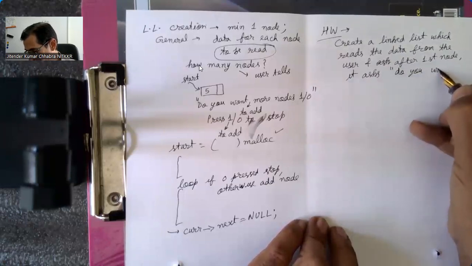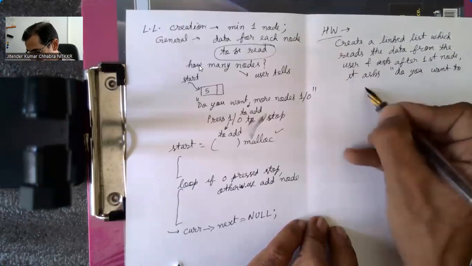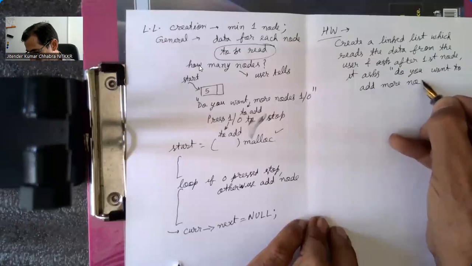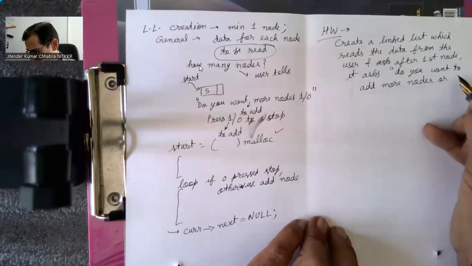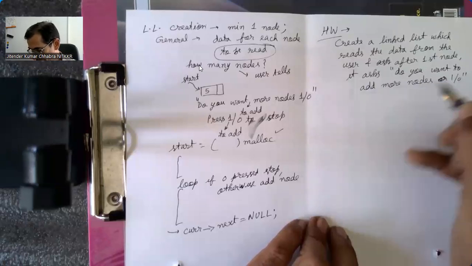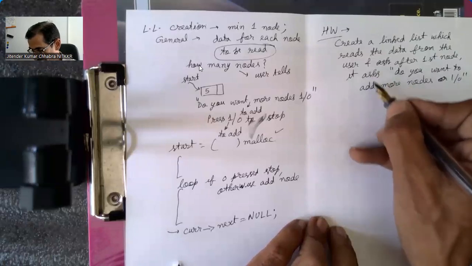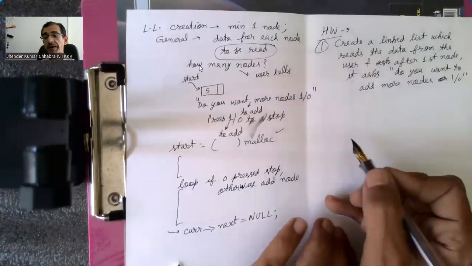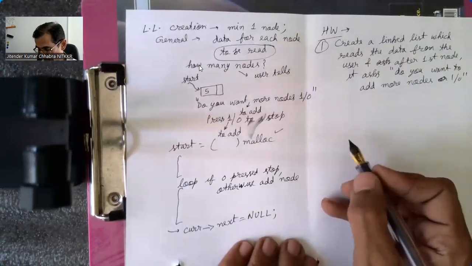Do you want to add more nodes or not? Press 1 or 0. And based on the choice, you always do that. This can be one practice for you for today's logic.